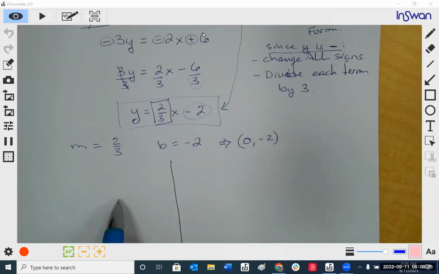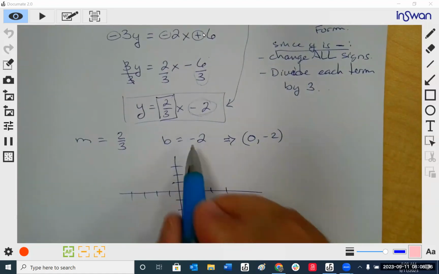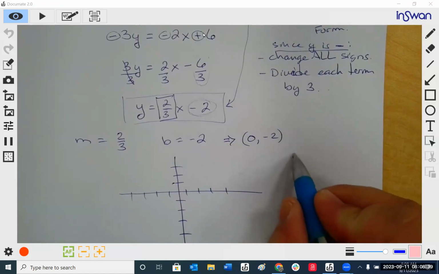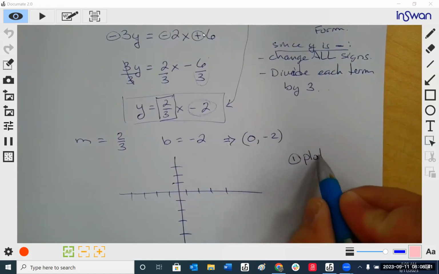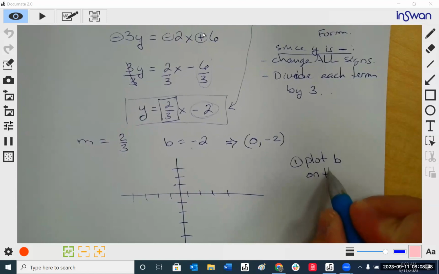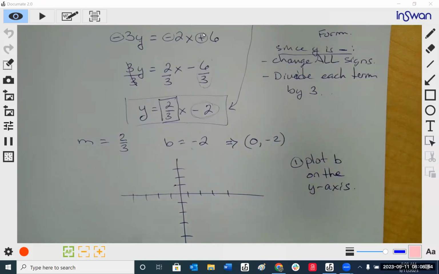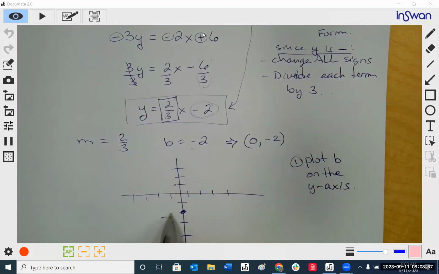So on our graph, plot b, since the b is -2, on the y-axis. So -2.